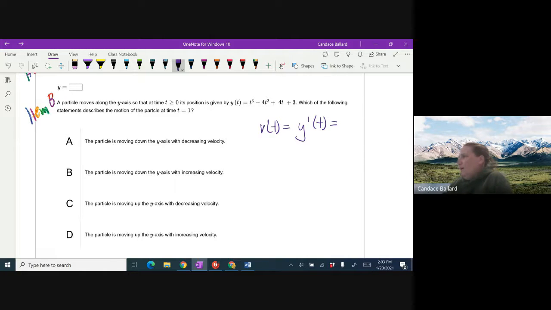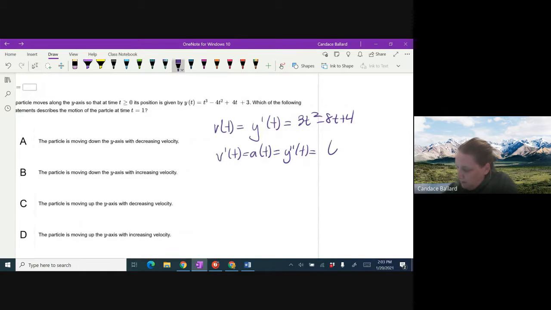All right, 3t squared minus 8t plus 4. Perfect. And then the second derivative, the first derivative being velocity, that's the acceleration, would be 6t minus 8.